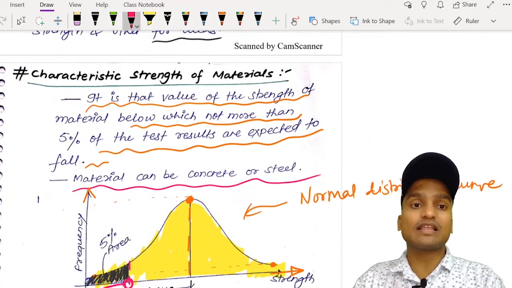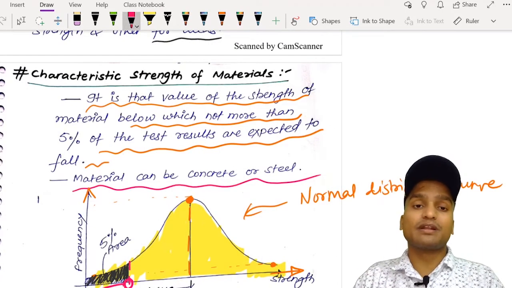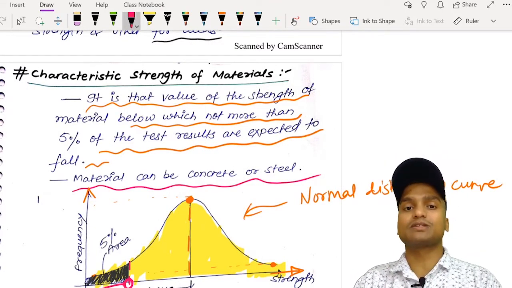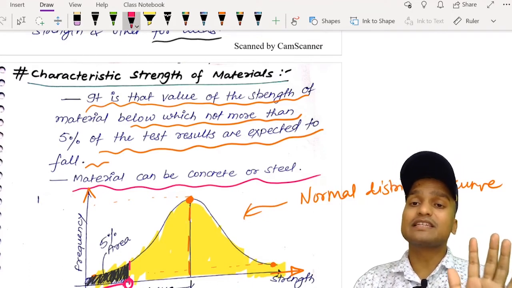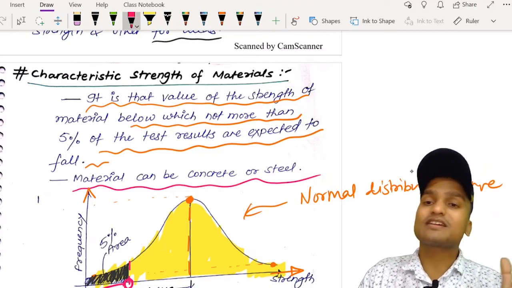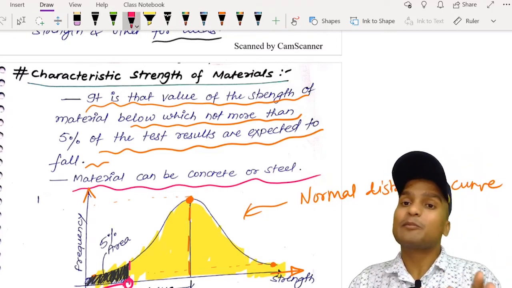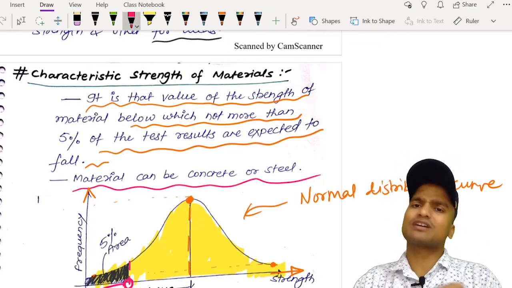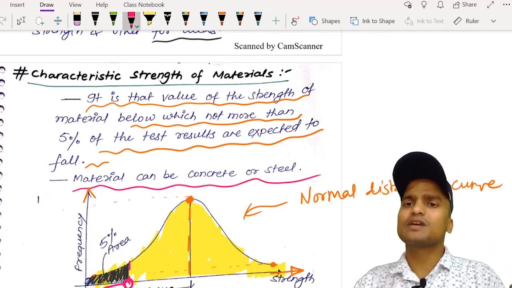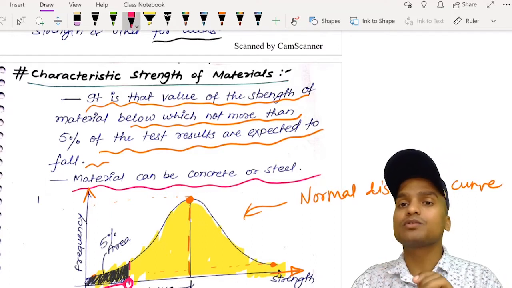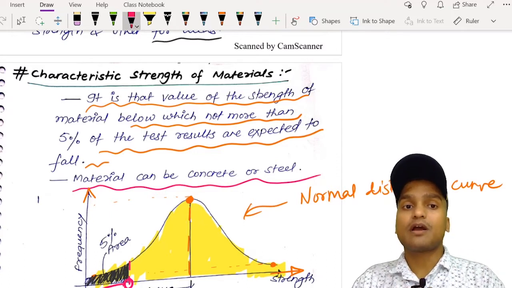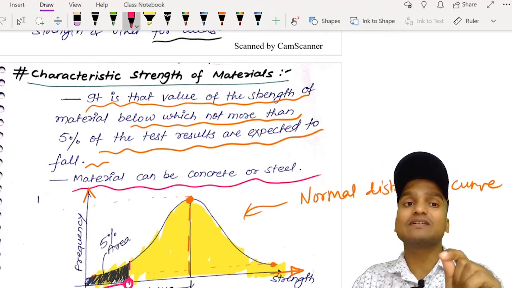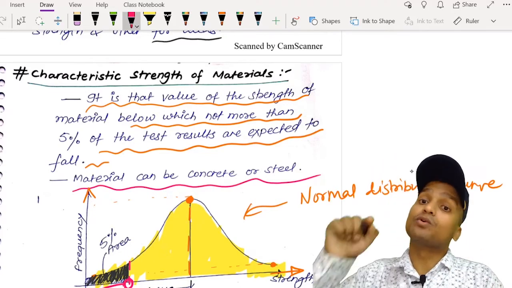That's why definition goes like this: it is that value of strength of material below which not more than 5% of the test results are expected to fall. मात्र 5% सैंपल हैं जिनकी स्ट्रेंथ कैरेक्टरिस्टिक स्ट्रेंथ से कम है, रेस्ट 95% पास है. तो 5% को हम इग्नोर करके चलेंगे क्योंकि उतना तो होगा ही, तो हमारे पास 95% फिर भी एश्योरिटी है. सो दैट वैल्यू कॉरेस्पॉन्डिंग टू 5% एंड नॉट मोर देन 5% ऑफ द टेस्ट रिजल्ट्स इज कंसिडर्ड एज द वैल्यू ऑफ कैरेक्टरिस्टिक स्ट्रेंथ फॉर द मटेरियल.